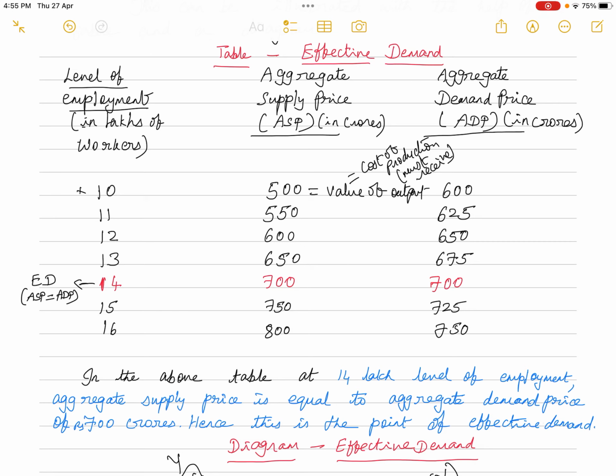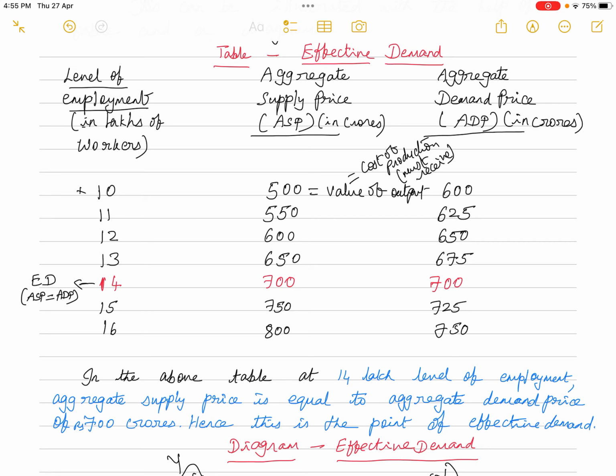Now you can see that when the level of employment increases to 11 lakhs, the cost of production increases to 550 crores. Then the value of output also increases to 550 crores, and the aggregate supply price also increases to 550 crores. Like that, when the level of employment keeps on increasing from 10 lakhs to 16 lakhs, the cost of production also increases from 500 crores to 800 crores.